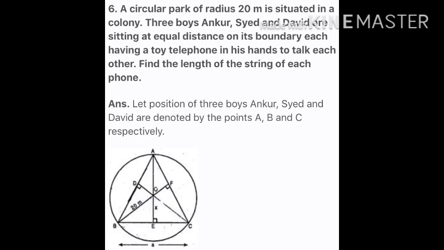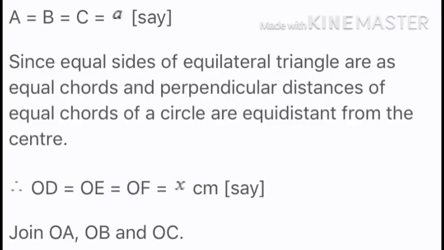Let the positions of the three boys, Ankur, Syed and David, be denoted by the points A, B, C respectively. AB is equal to BC is equal to CA is equal to a. Since the equal sides of an equilateral triangle are equal chords, and equal chords of a circle are equidistant from the center, OD is equal to OE is equal to OF is equal to x.